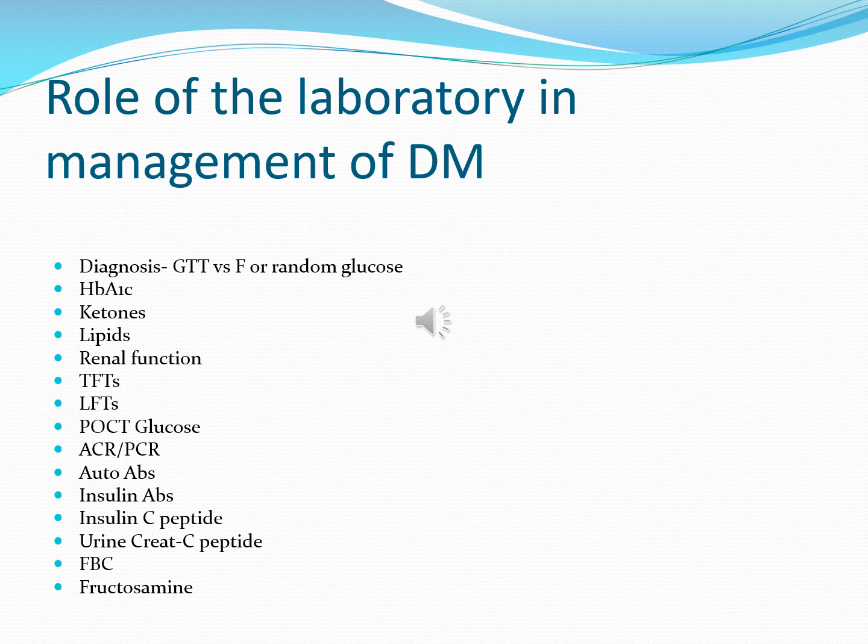The autoantibodies bind to the islets of Langerhans cells in the pancreas and destroy them, leading to type 1 diabetes. Insulin C-peptide, we spoke about that, and we also spoke about urine C-peptide. FBC, and of course fructosamine, which again can be used for monitoring but not diagnosis.